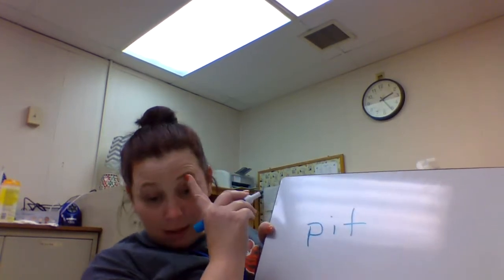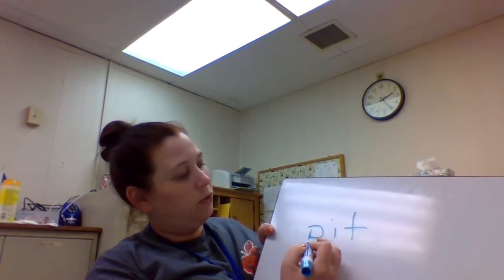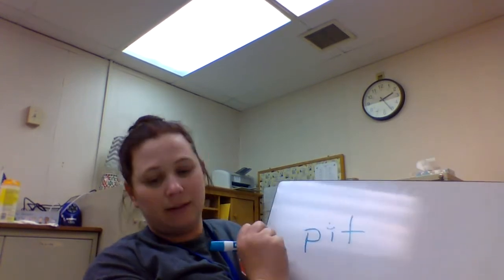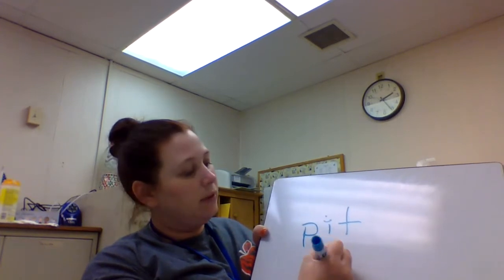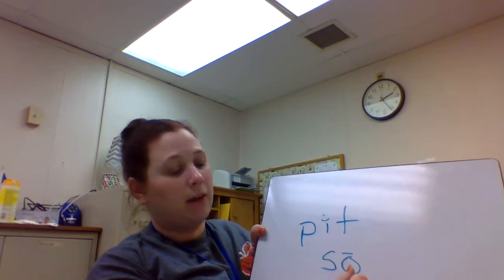Do we see a consonant afterward? We do. So how are we going to code that? We're going to code it with a brev. So it's p-I-t. Let's look at this word. Is there a consonant after it? There isn't. So in this case, we're going to code it with a macron, and it says its name. S-O. Good job.